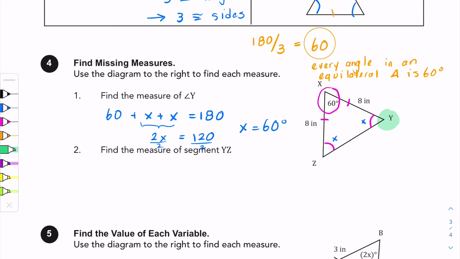So while I'm sure you already knew that the measure of angle Y was equal to 60 degrees, what I just wrote out there is the work that goes along with that.